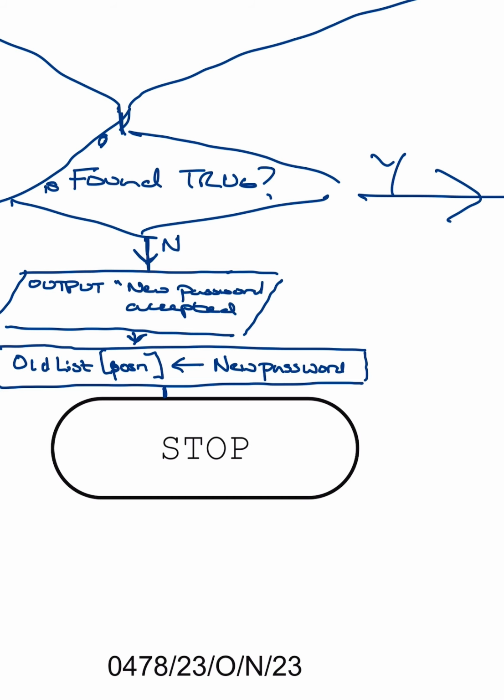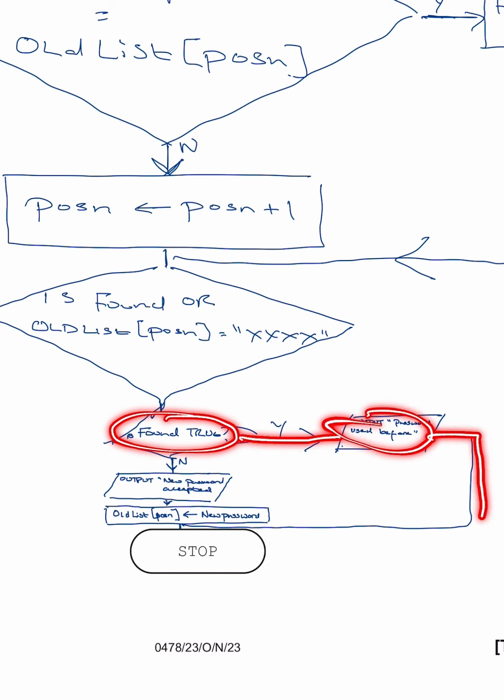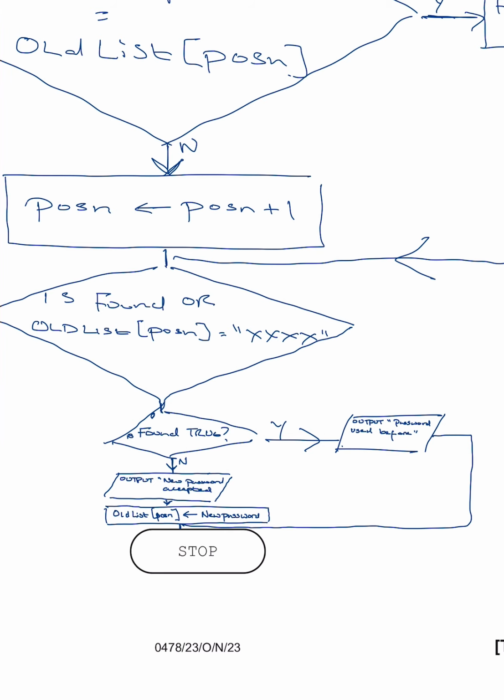I should have planned this a bit better. And I just need to bring this around just to tidy everything up. And so if found is true, we output the message here, and then we follow this to here to stop.